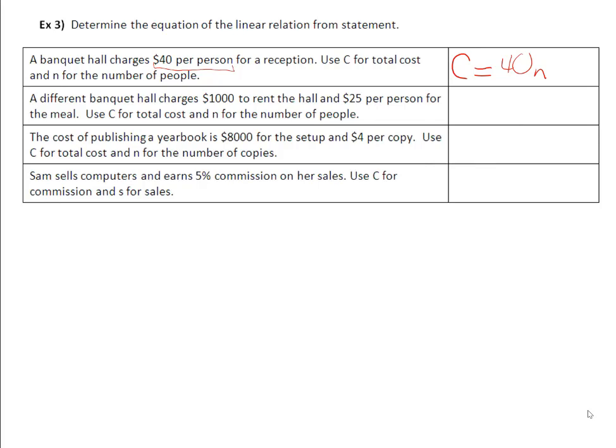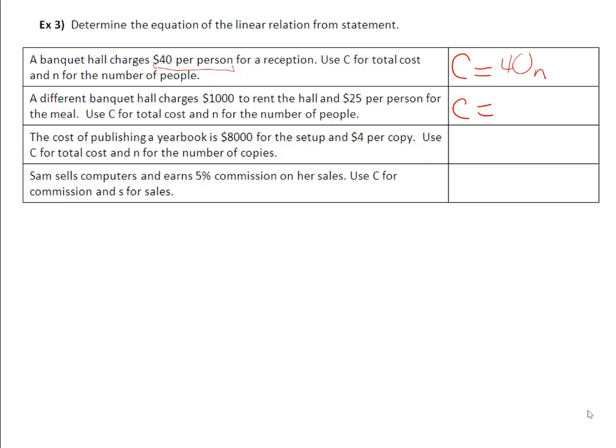It'll be very similar. A different banquet hall charges $1,000 to rent and $25 per person for a meal. Use C for the total cost and N for the number of people. Well, what's our dependent variable? The number of people or the cost? If you said cost is the dependent variable, you are correct.